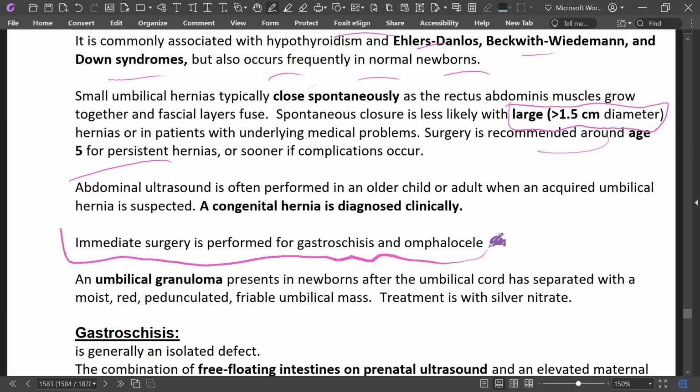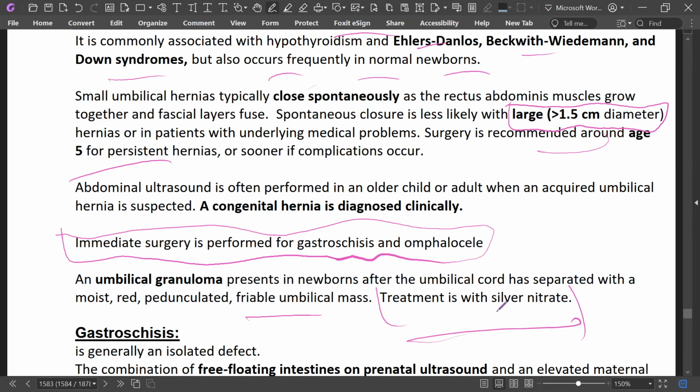These are the two conditions where we need immediate surgery. An umbilical granuloma is present in a newborn after the umbilical cord has separated, with a moist, red, pedunculated, friable umbilical mass. Umbilical granuloma is treated with silver nitrate.